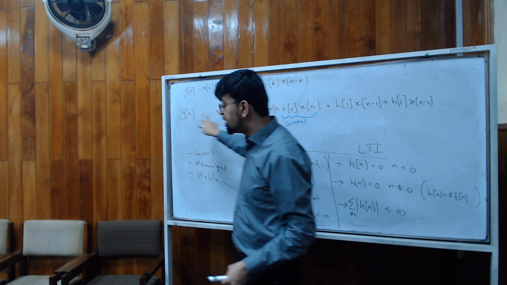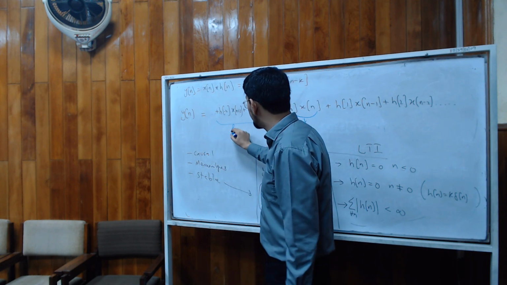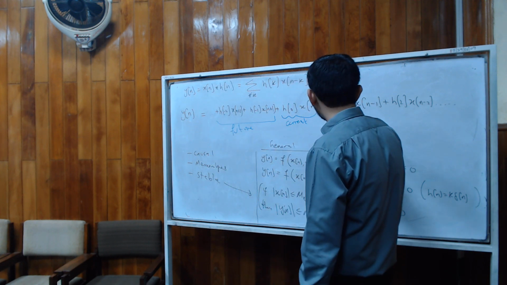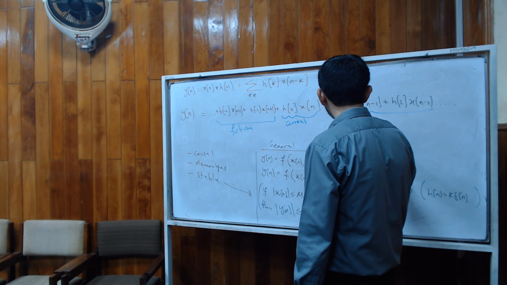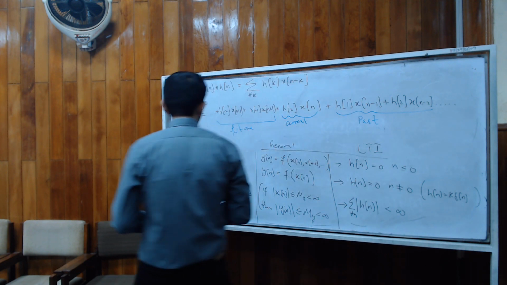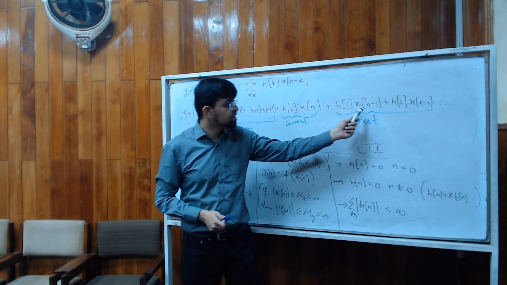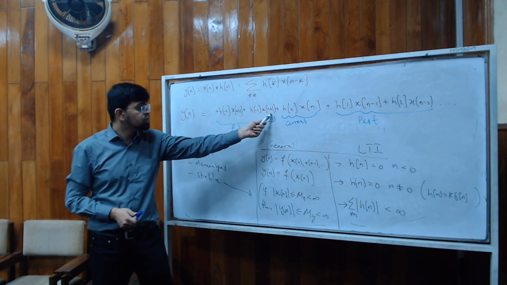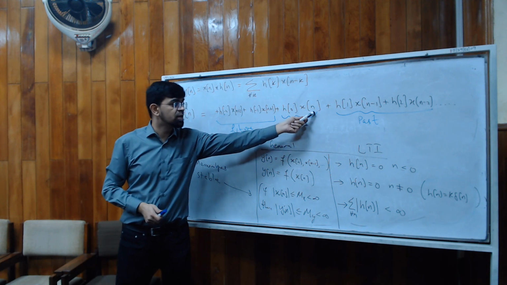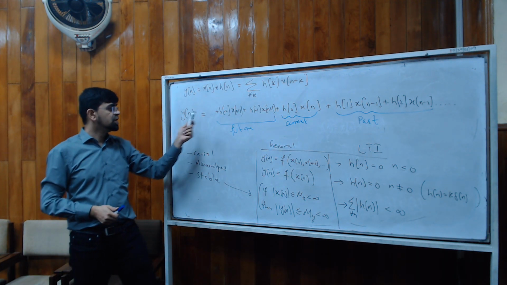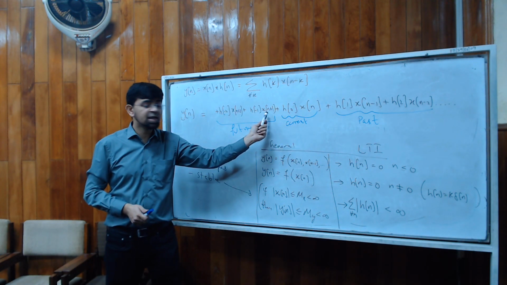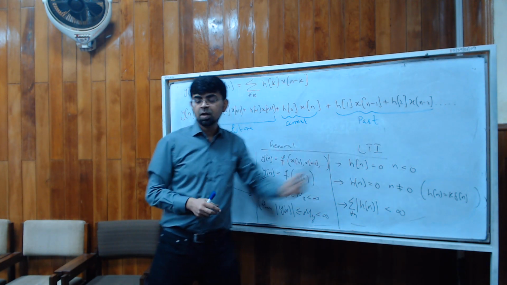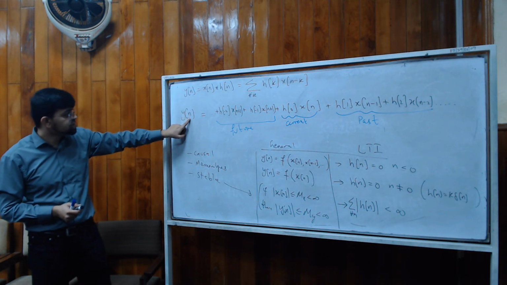At y[n], these are future inputs from the point of view of the output at n, whereas from the same point of view these are past. These terms depend on past inputs, whereas these terms depend on future inputs, and this is the current input. So at y[3], x[3] is current, whereas this becomes x[4], future, and this becomes x[2], past. So it's relevant with reference to this n here.